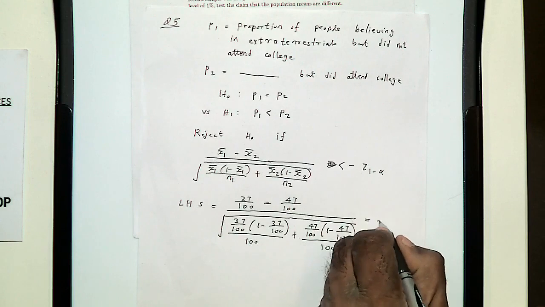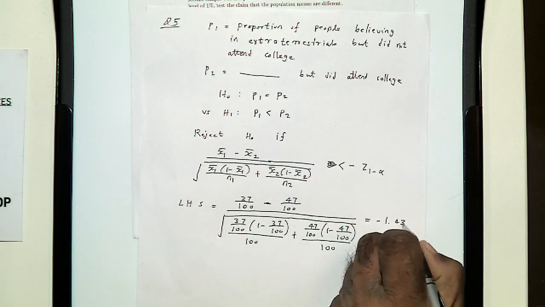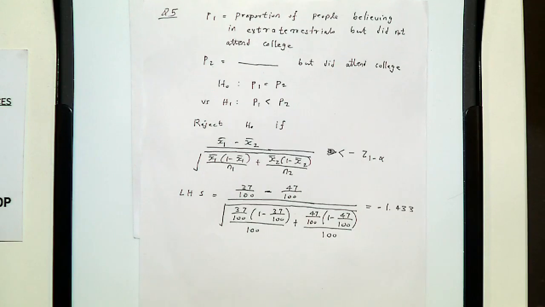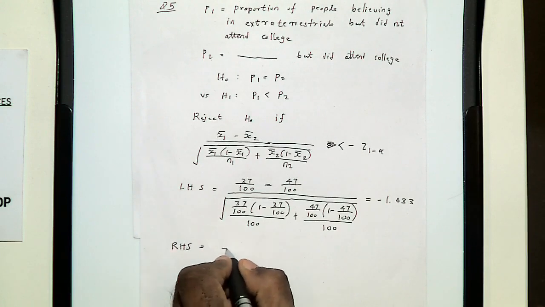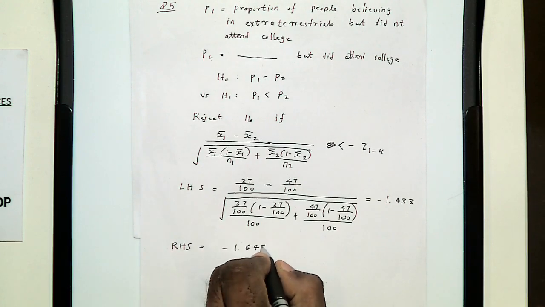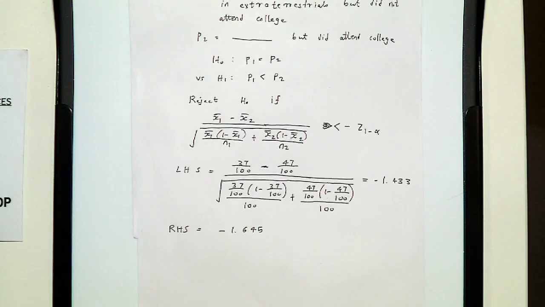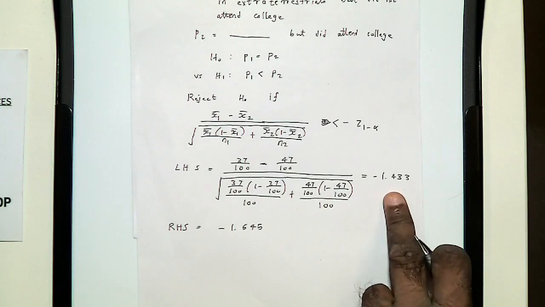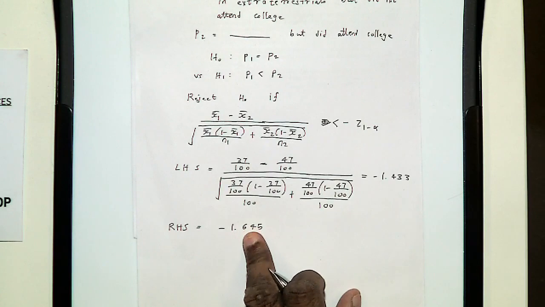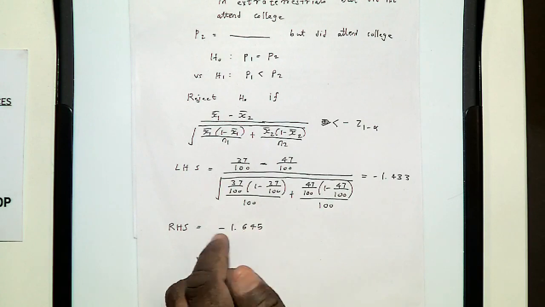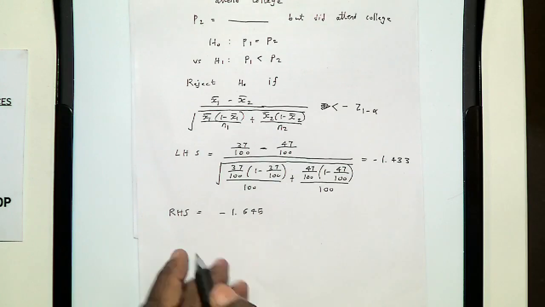You will get this to be minus 0.4133, and the right hand side is minus 1.645. And clearly this is greater than minus 1.645, so this rule is not satisfied.